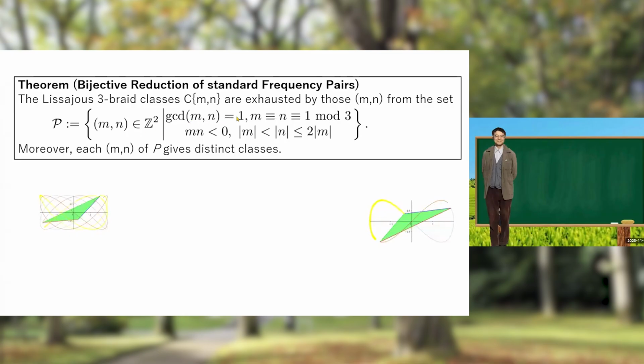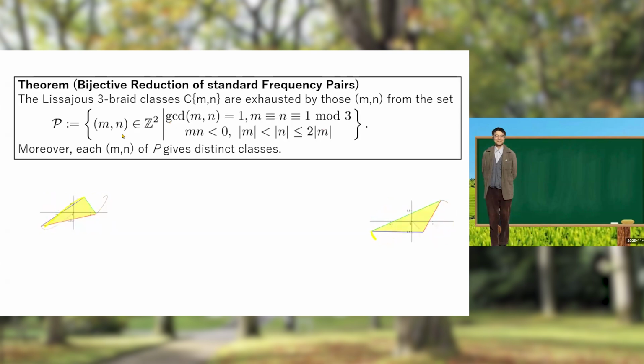This is just the frequency conditions, but we can also impose that the frequencies have opposite signs, and the absolute values of m and n satisfy these mild inequalities.